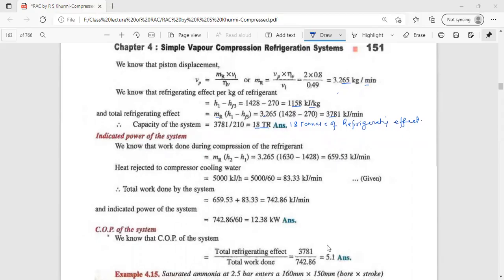So how much power is supposed to be put into the compression process, that is the indicated power of the system. And if you want the brake output of the system, then how much energy in compression is converted is given by the indicated brake output, which is not required for this. So we are supposed to find how much energy is being put into the compression, without taking into account the efficiency of the compression system.